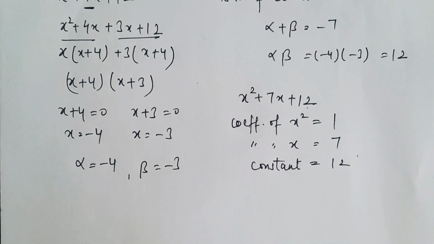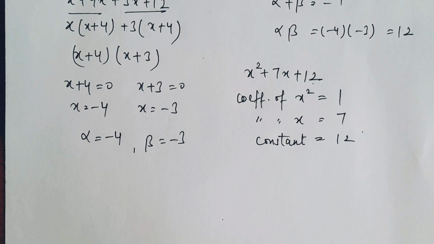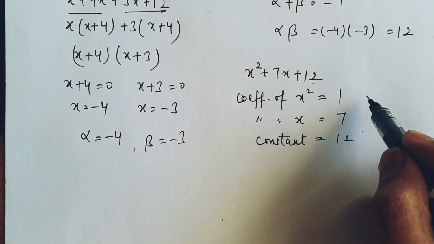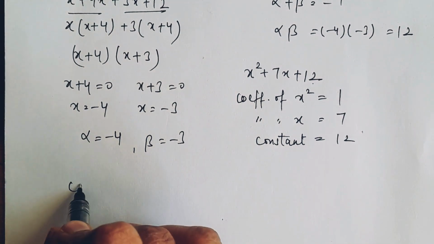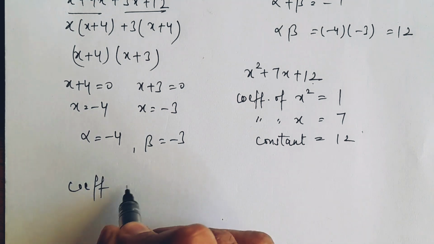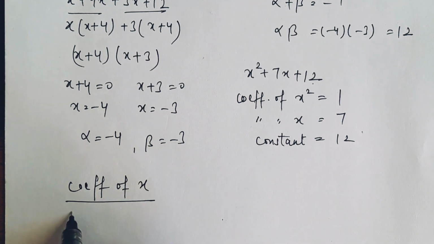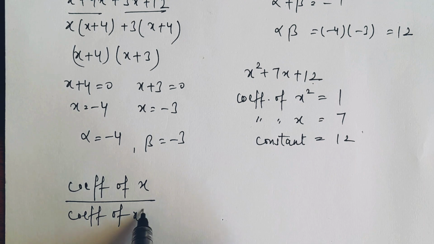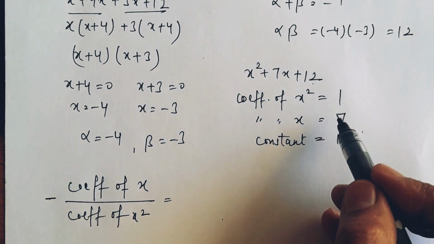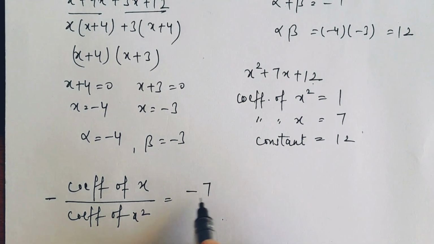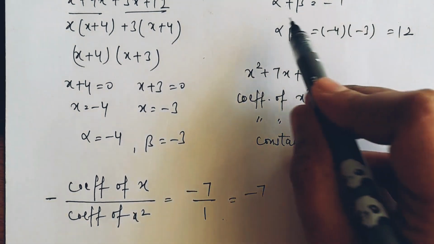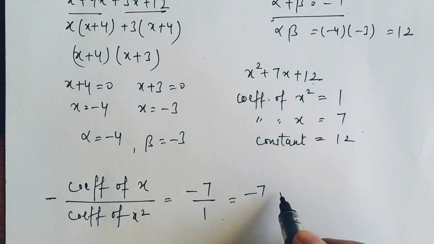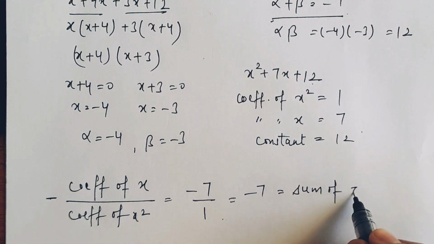So if we see closely, we can write the sum of the roots as, if we divide coefficient of x by coefficient of x square and minus also, so what you will get, coefficient of x is 7, so minus we have taken, and x square का coefficient है 1, so we will get minus 7. And minus 7 was the sum of the roots, so sum of zeros was also minus 7.